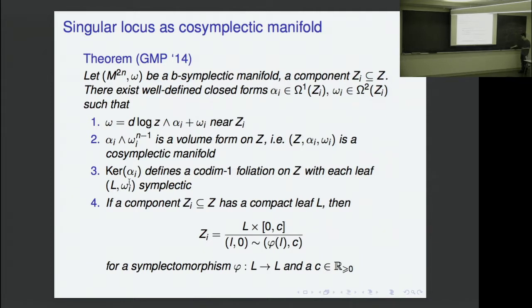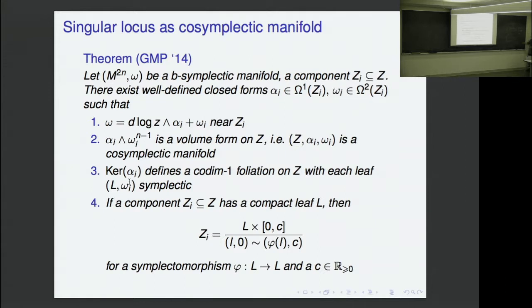And we can take any leaf of this foliation, say a leaf L, and this L equipped with this closed two-form omega is going to be symplectic.